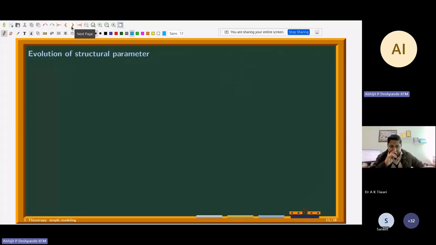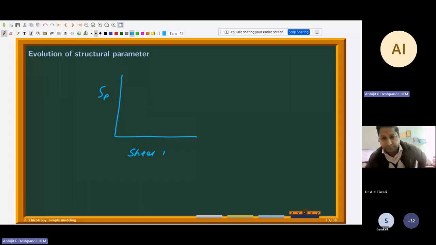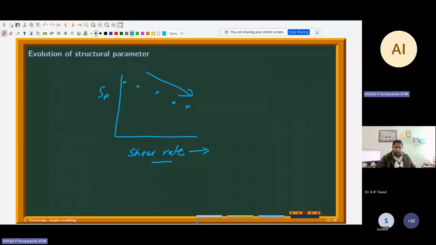If you look at what may happen for this structural parameter as a function of shear rate, at very low shear rate the structure parameter is high, and then it will keep on decreasing because we are applying higher and higher shear rate on the material. So the shear rate basically causes structural breakdown, and therefore the structure parameter decreases in a material.